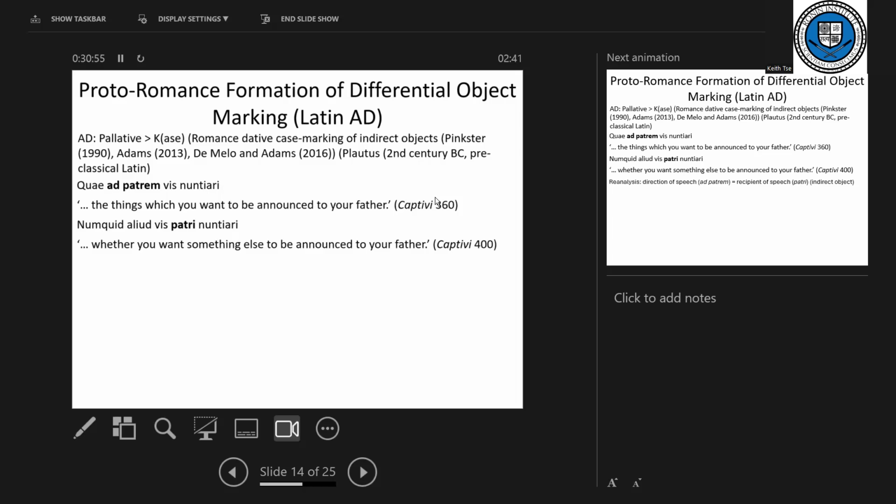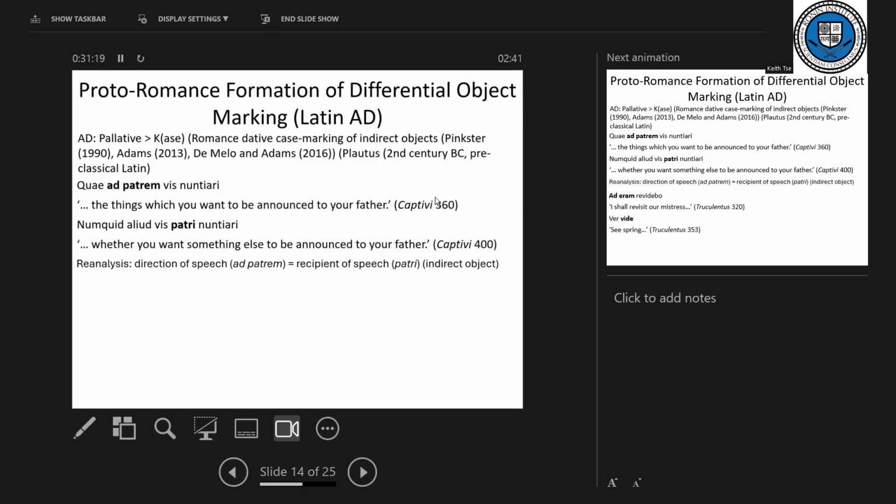Here in Plautus' Captivi, it shows that we seem to have an incipient stage of ad being used as a dative case marker, because here we get the same verb nuntiare, to announce, being used in the same passage with ad patrem and patri in the dative.